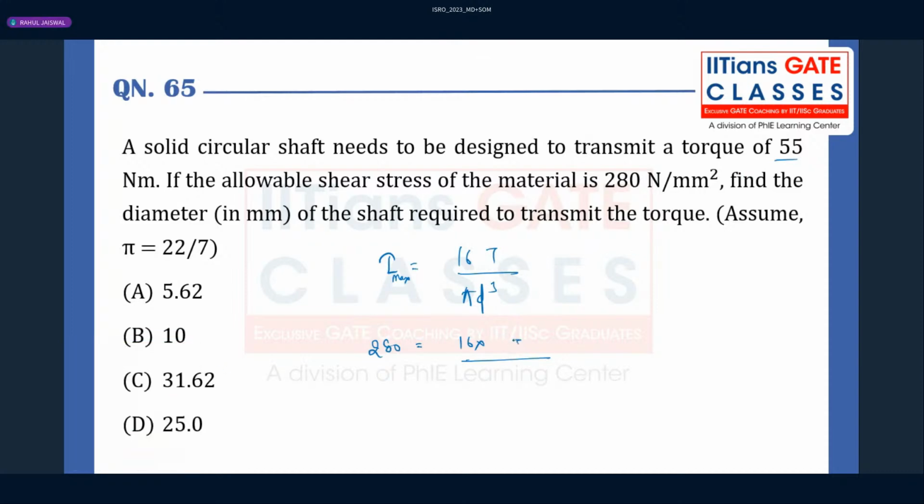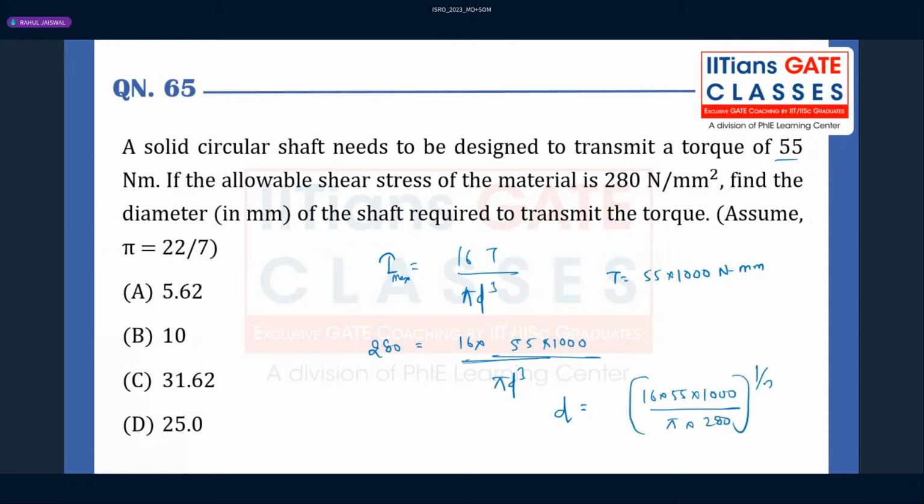That will become Newton mm, so 55 multiplied by 1000 Newton mm, divided by pi d cube. So here, when you do the solution, d will be 16 into 55 into 1000 divided by pi divided by 280, to the power 1 upon 3.